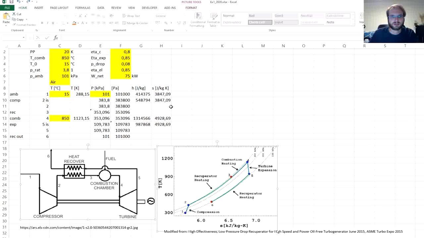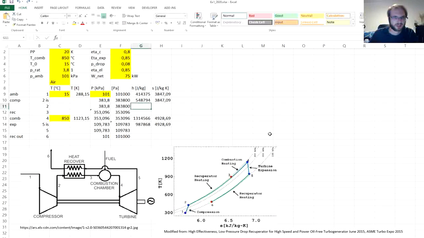Okay, so let's go back to our model which we are building. The enthalpy at the point 2 was enthalpy at the point 1 plus the ideal difference in enthalpies, H2IS minus H1, divided by efficiency of the compressor.